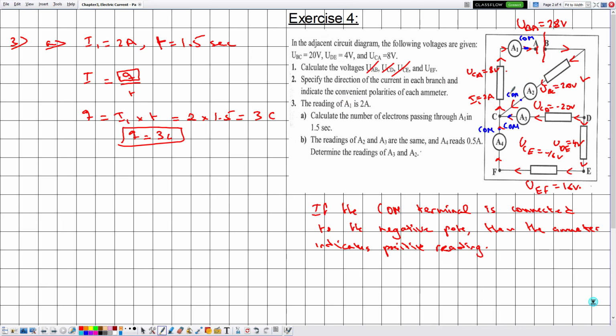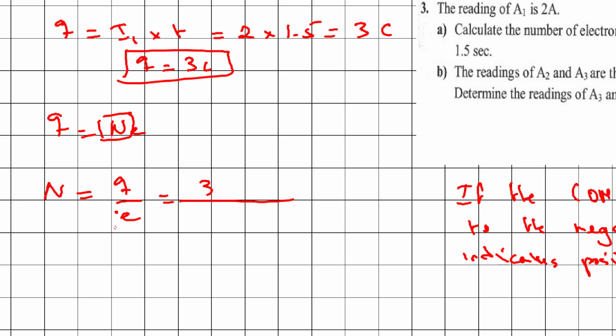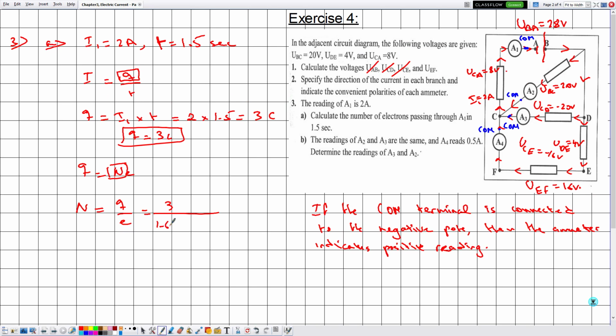So if the quantity of charge traversing the branch CA is 3 coulombs, what about the number of electrons traversing the branch CA? This can be done using the formula Q is equal to N multiplied by E, and we are interested in determining N. So N is simply given by Q divided by E, which is equal to 3 divided by 1.6 times 10 to the power minus 19.